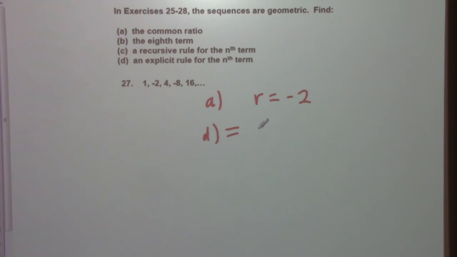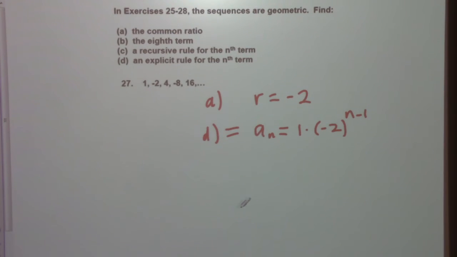we have a sub n is equal to, what's our initial value? 1. And then she has -2 in parentheses, and then she has n minus 1, times -2 to the n minus 1, okay?